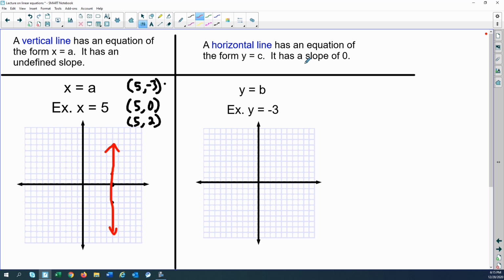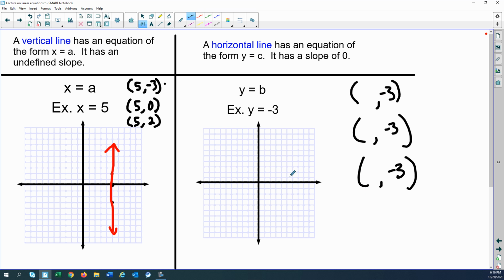Another one is a horizontal line. This is an equation where we just have the y variable and a value. We're missing the x. Same idea, you're going to have all the ordered pairs where the y value is -3. Again, we're not going to be able to list any of them. Really, when you're making a line, you need 2 points, and that will get you enough information.